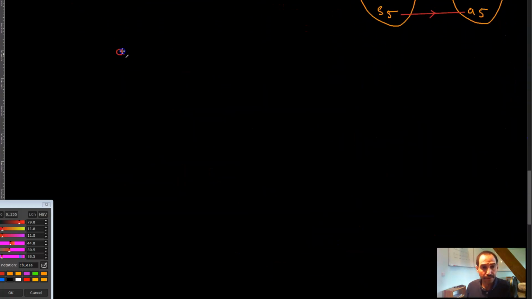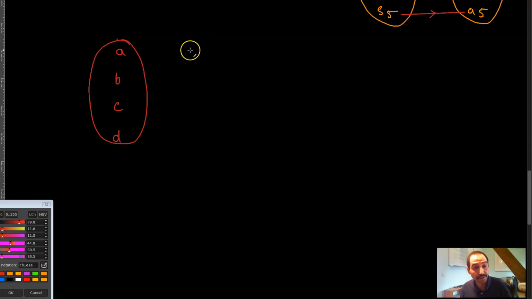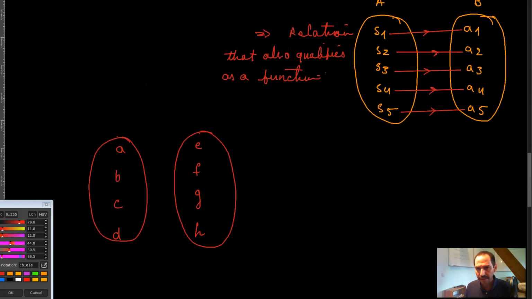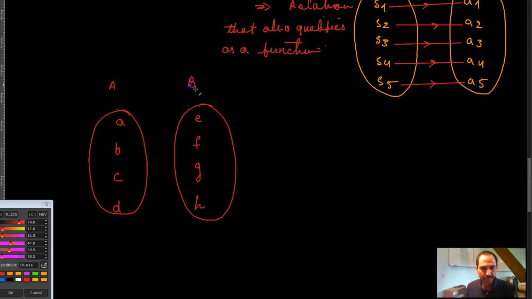Let's say that you have A, B, C, and D in this set, and you have E, F, G, and H. Let's call it set A and set B, and let's say that this element is related to these two elements, this element is related to this element, and this is just simply not there.